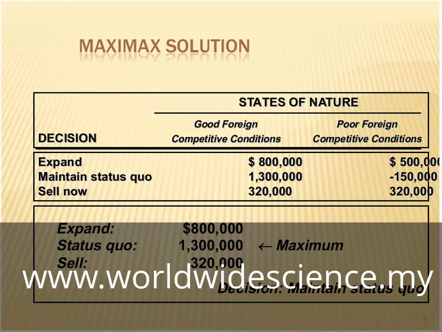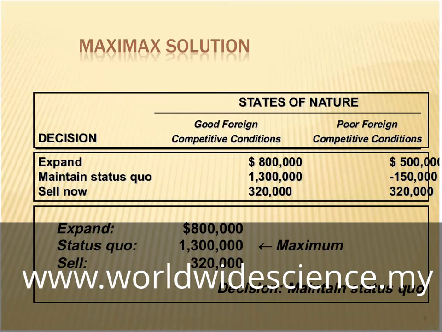So the decision is to maintain. The Maximax solution tells you the best decision is maintaining. This is the first solution, very nice and very easy. In the maximum of maximum, at first you calculate the maximum in each decision, and after that you select the maximum among these maximums.